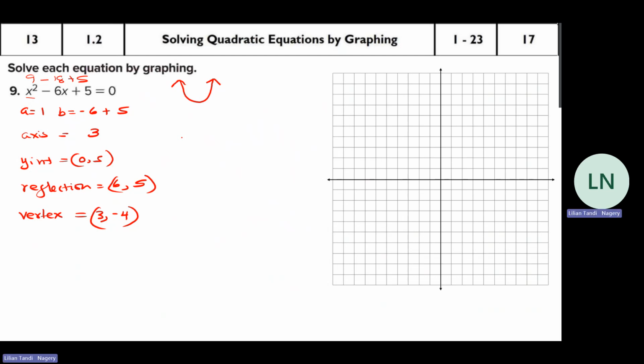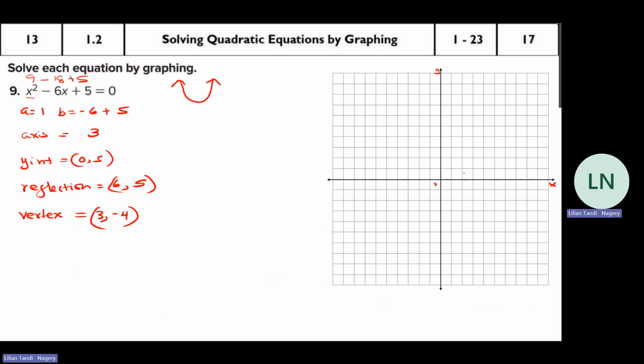Okay, let's plot. My axis is at 3. X, Y. But you can do jadwal. You can do quadratic formula. Doesn't matter.